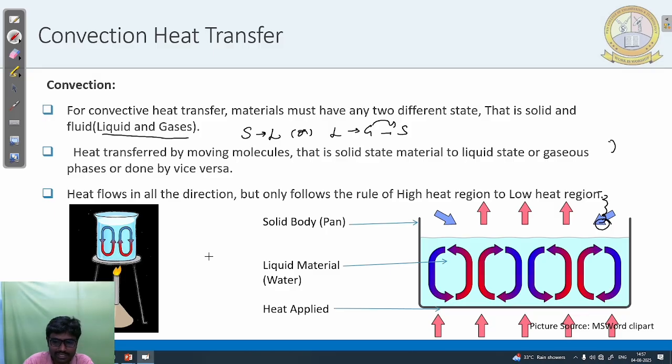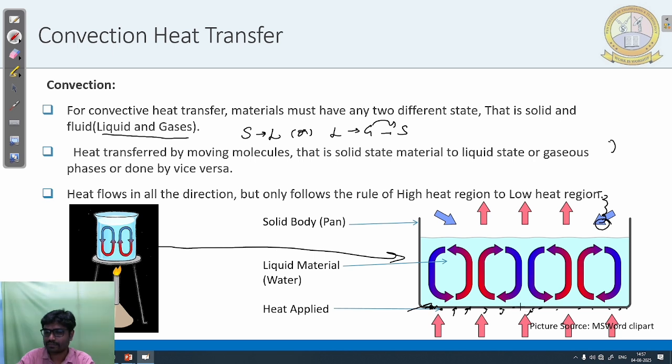From that we can see the enlarged image of this. Here, this is the solid part of the particular flask. Here I am going to discuss two things. One is conduction, because here the heat is transferring to the base.